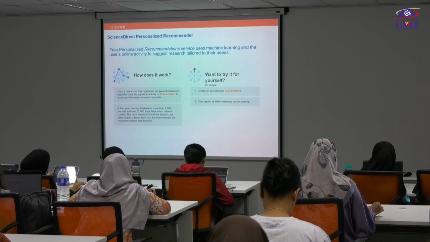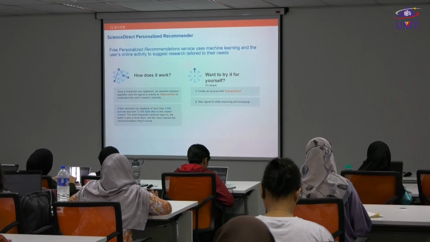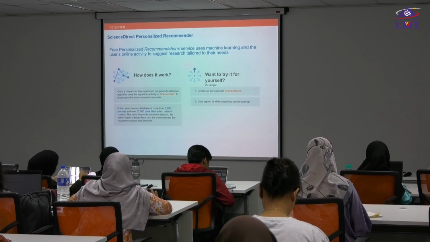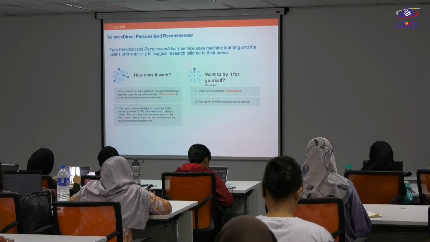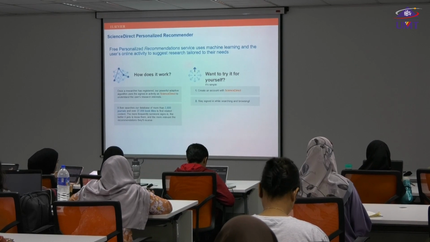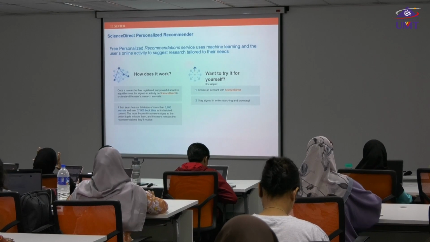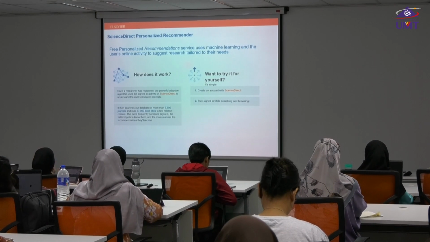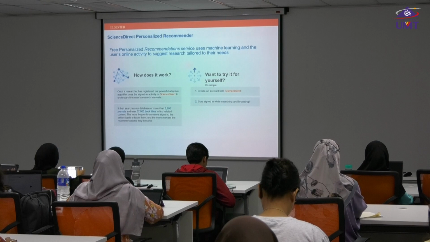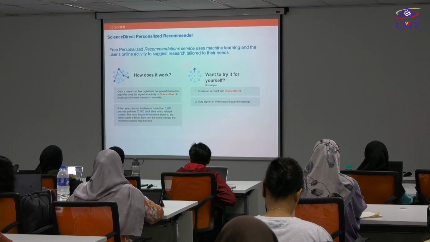So we have this free personalized recommendation service that uses machine learning and the user's online activities to suggest research tailored to the needs. So how does it work? Once a researcher or student has registered, the powerful adaptive algorithms use the sign-in activity on ScienceDirect to understand your research interest. Let's say today you search health economics.